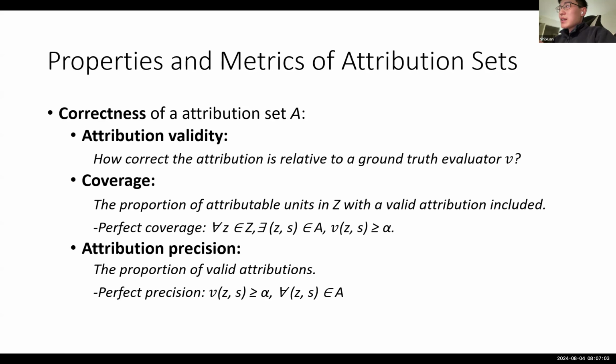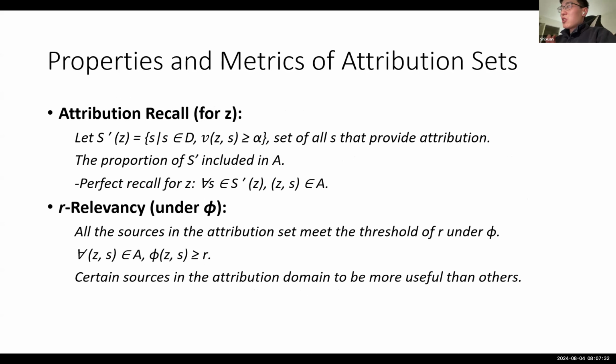And there are also some metrics borrowed from retrieval, the precision and recall. Precision here means that your retrieved attribution should be valid, which means your score should be higher than your threshold. And it calculates the proportion of such instances inside your attribution set. And recall is defined on one single attributable unit.